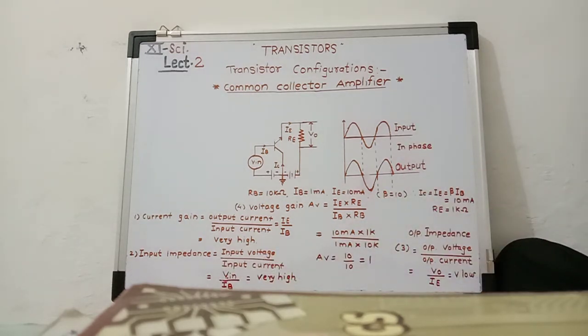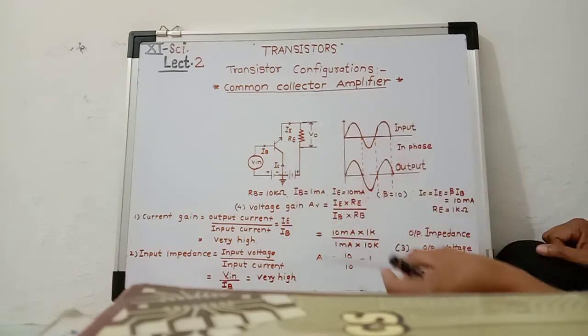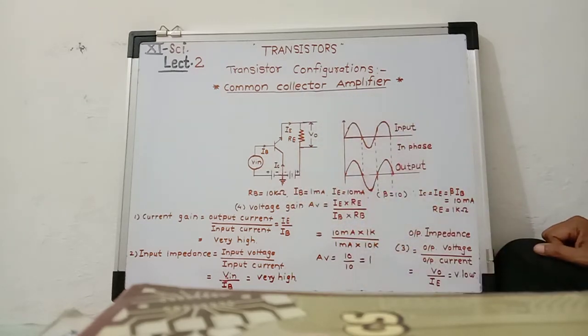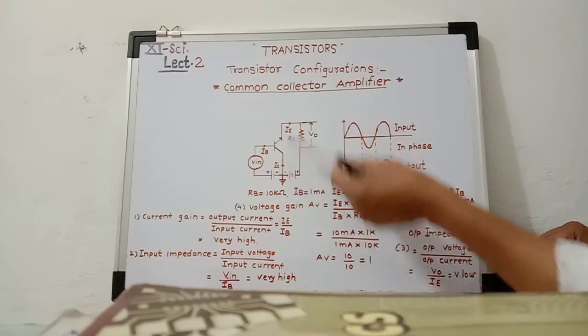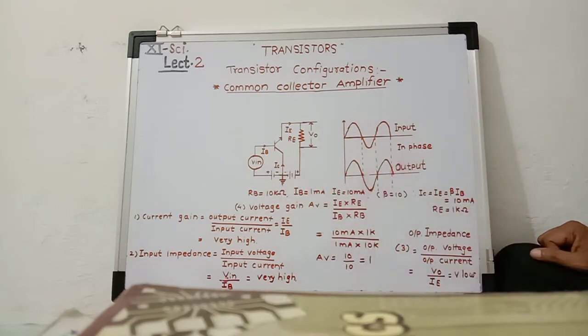The input impedance of an emitter follower or common collector amplifier is very high.